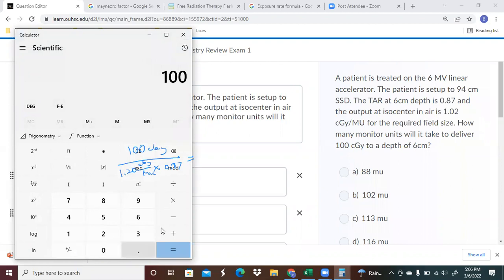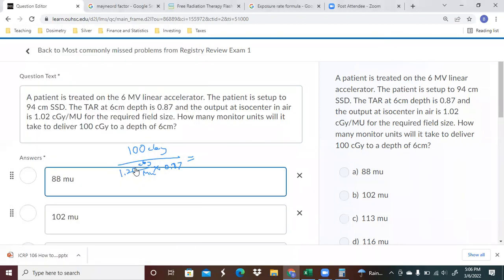with 100 divided by, and I don't think I wrote that right. Hang on. Yeah, I didn't do that right. Let's see. There we go.